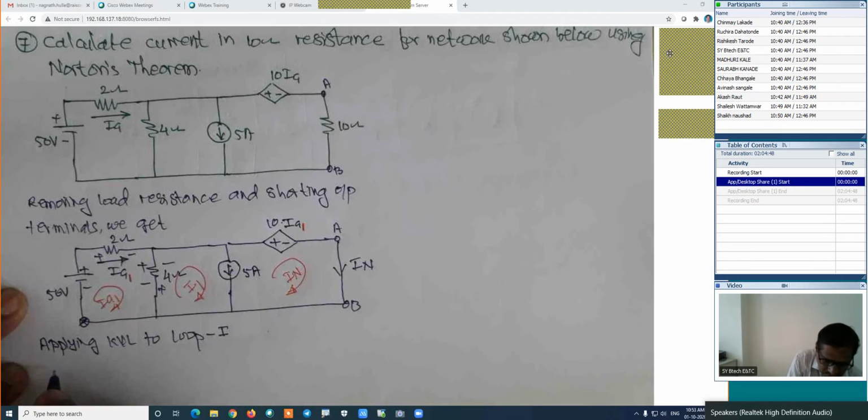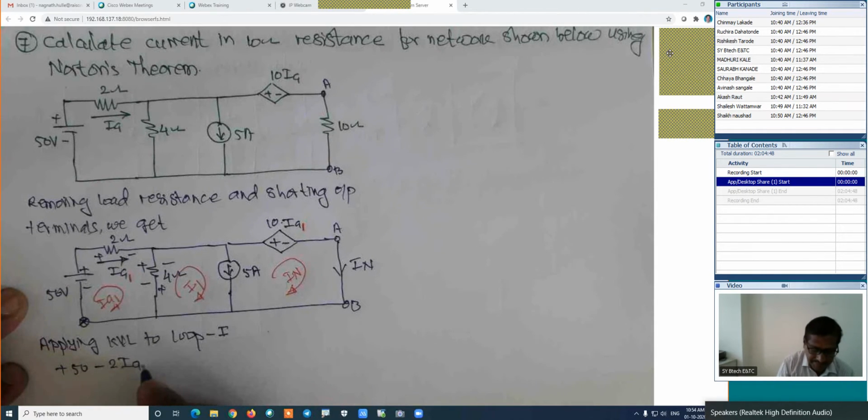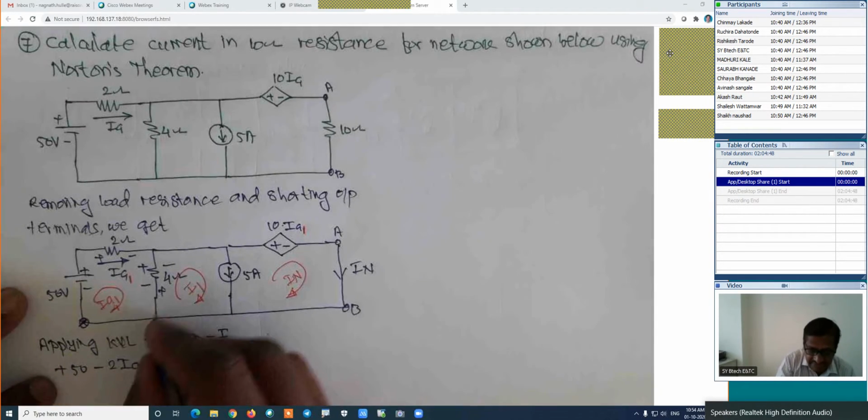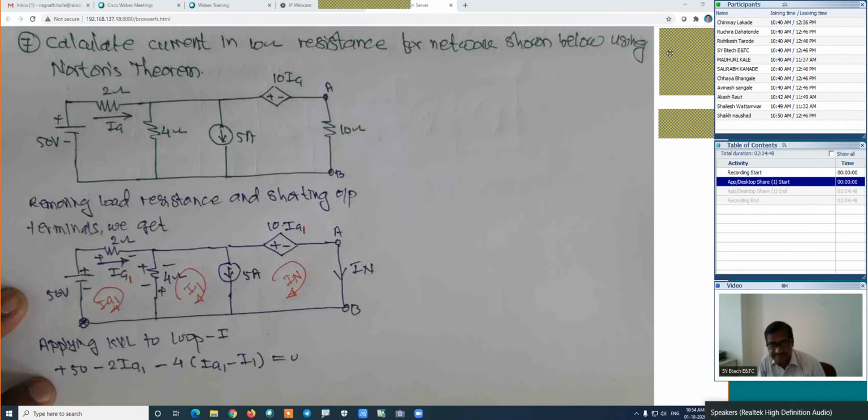Negative to positive, its voltage is plus 50. Then positive to negative, it is minus 2 into its current, and its current is IA1. Then positive to negative, it is minus 4 into IA1 minus I1, which is equal to 0, because after that there is no element in the circuit.